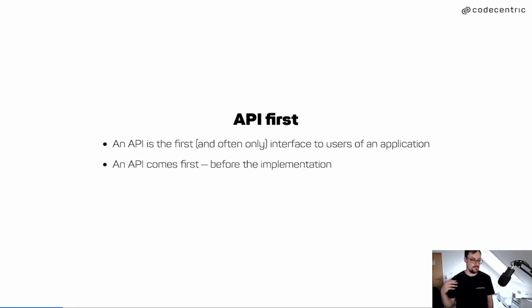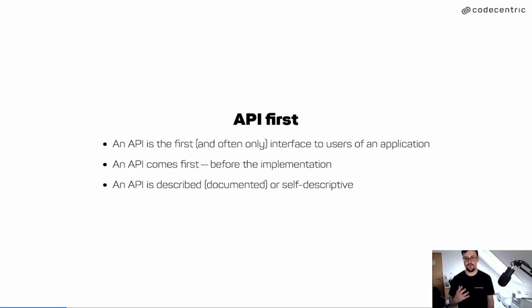And in regards to API first, the API comes really first. There is no implementation before we have this API considered. So the definition must be really first. And an API in reference to API first is described and documented, or really self-descriptive.